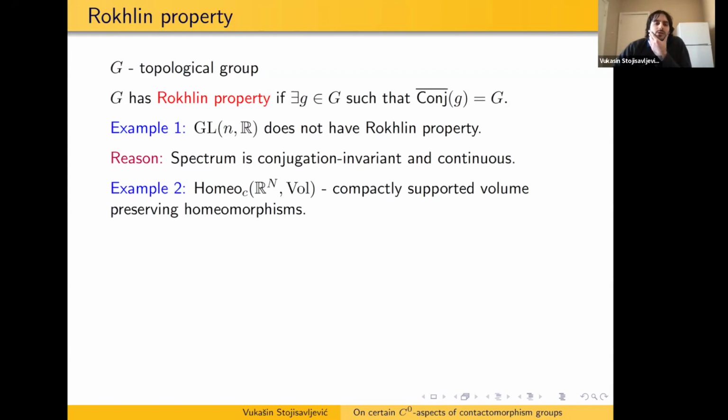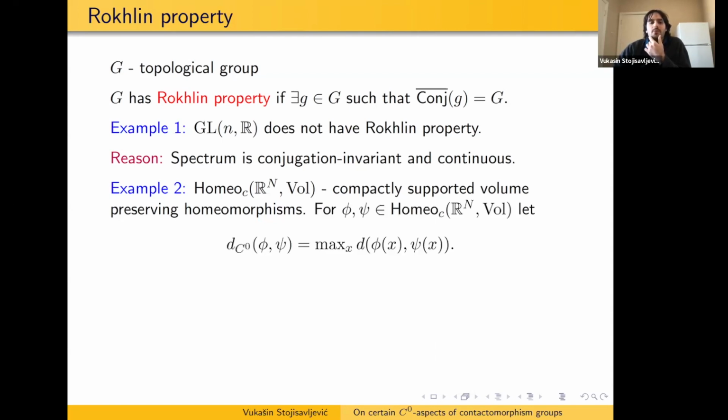Okay, now a similar example is if we look at compactly supported volume preserving homeomorphisms of, let's say, Euclidean space. Now we put on this group the C0 distance. It is defined as it's written: we look at the maximum over x of d(phi(x), psi(x)).